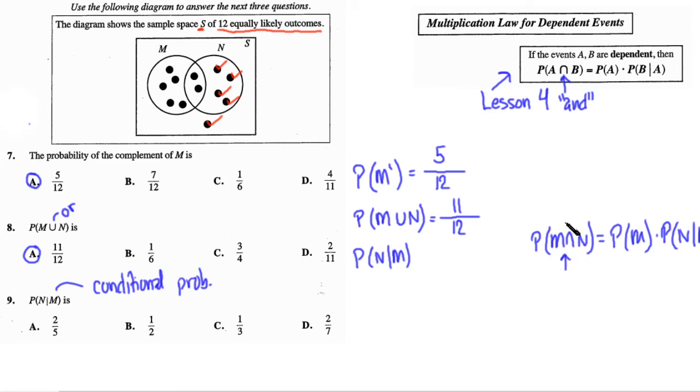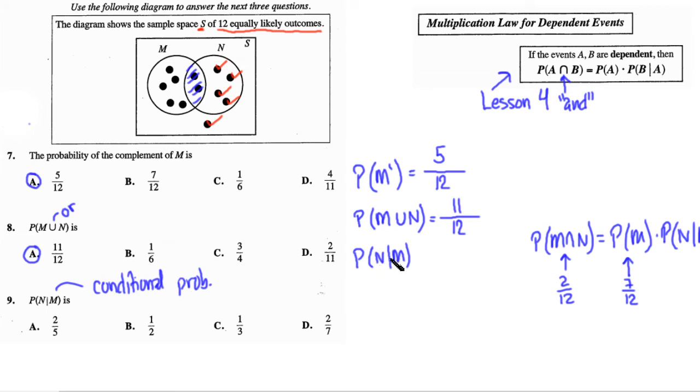This is just the intersection, the overlap here. There are two favorable outcomes in here, so it's 2 over 12. We can also determine the probability of M occurring. The number of outcomes in M are 1, 2, 3, 4, 5, 6, 7, so it's 7 over 12. We just plug that in.